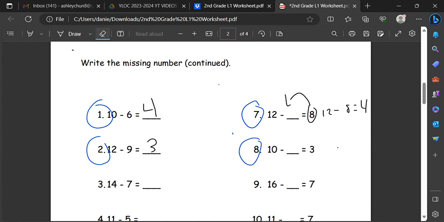So we would know that 12 minus 4 is also equal to 8 because of fact family. So it works out. And now this one, same thing, 10 minus 3 is equal to 7. So this blank slot would be 7, because if 10 minus 3 is 7, that means 10 minus 7 must also be 3.